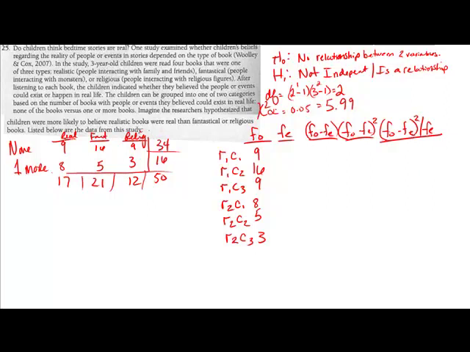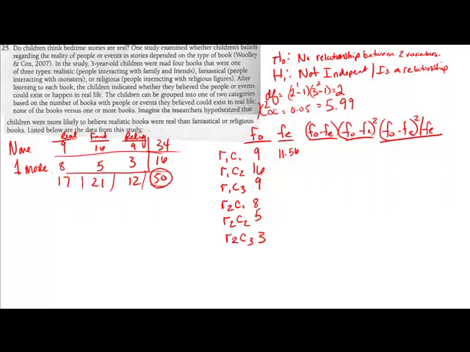Remember, the important thing is to do this the same way every time. The frequency expected for a cell is the total of the row times the total of the column, divided by the n, divided by 50. So I'm going to go through my row 1, column 1: 34 times 17 divided by 50 leads to an expected of 11.56.